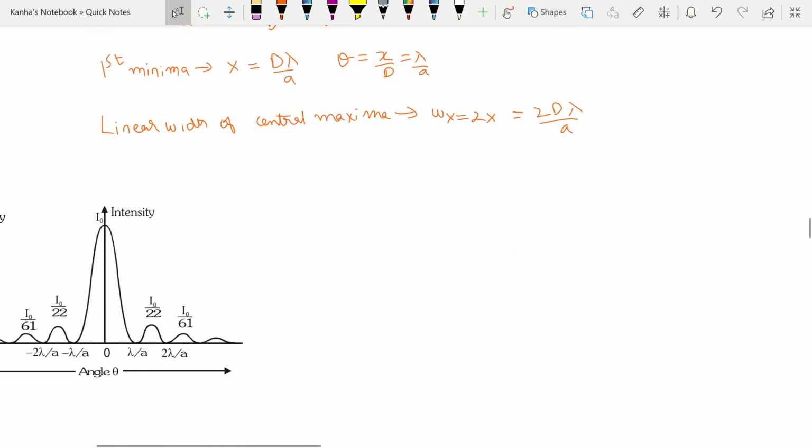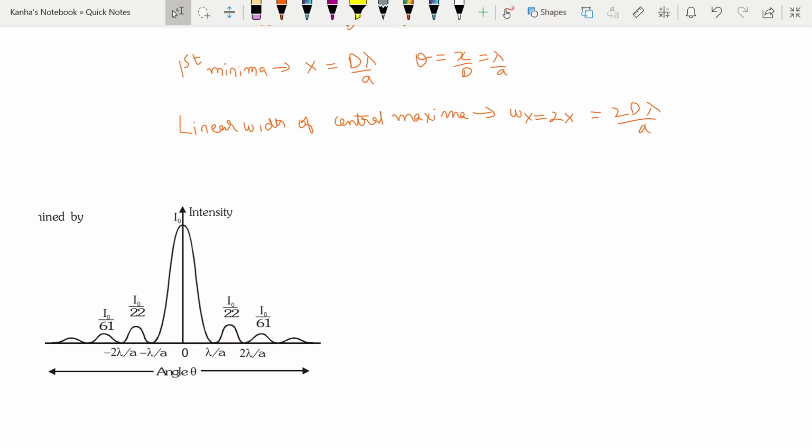I've shown you the intensity curves right over here. You can easily see that at the center there is a bright fringe, and then the intensity goes down as you go further away from the center. Here also you can easily find the fringe width, but more importantly I want to talk to you about the intensity, how it varies.